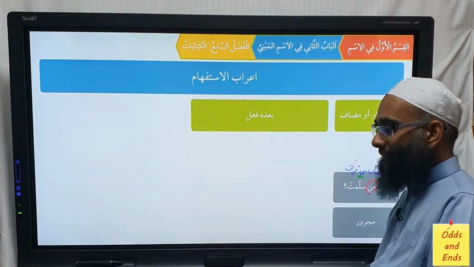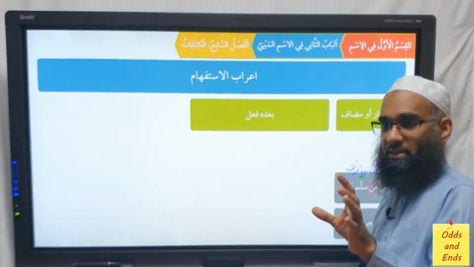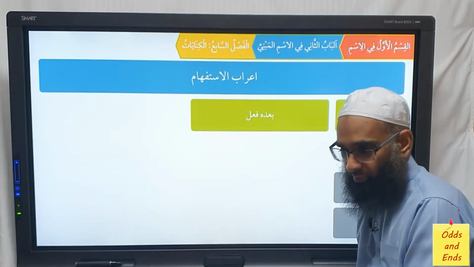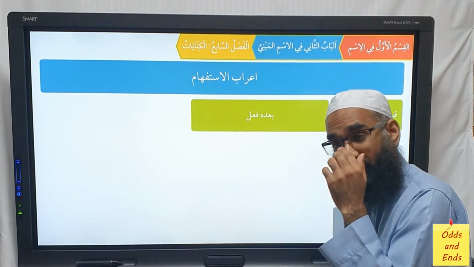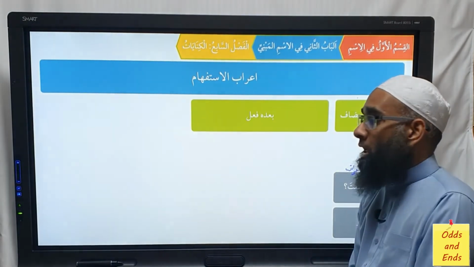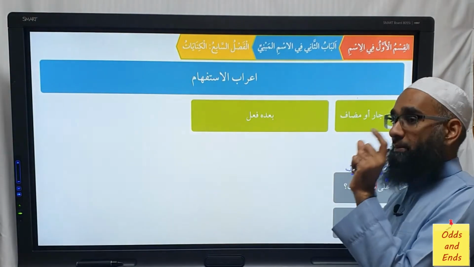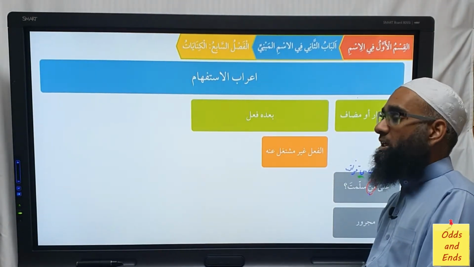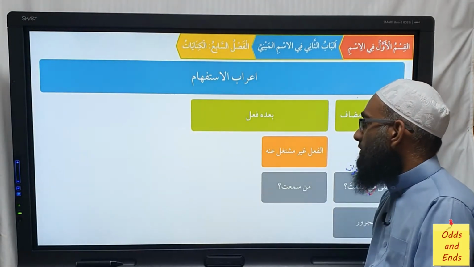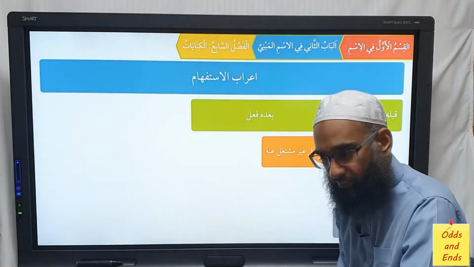Okay? The second possibility is, there's no harfun jar before it, but there's a fa'il after it. Now this fa'il can come in one of two scenarios. The fa'il can either be غير مشتغل عنه or مشتغل عنه. What does مشتغل mean?